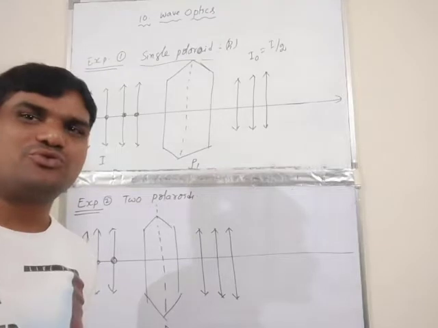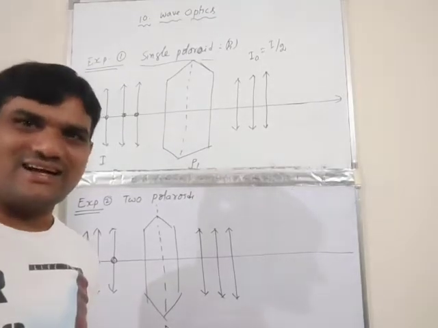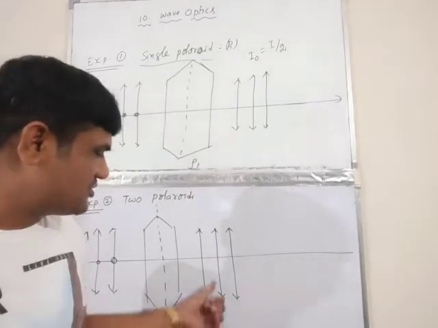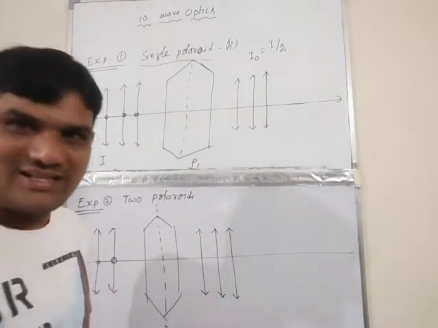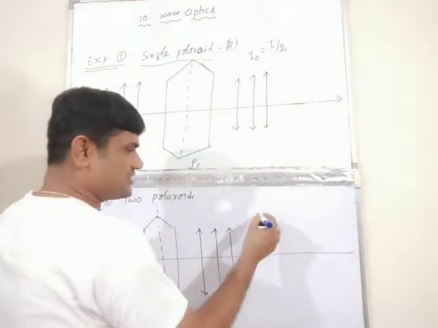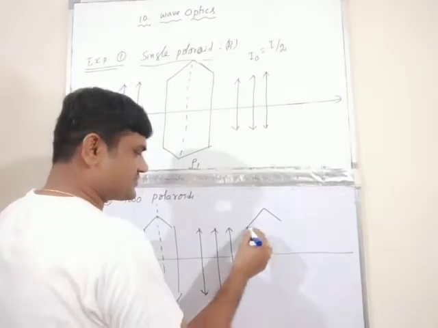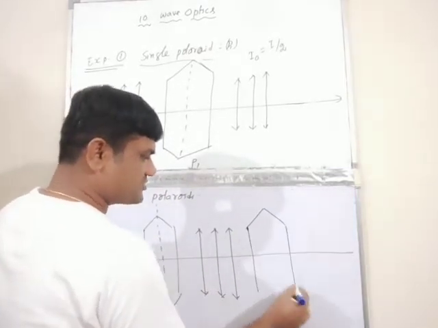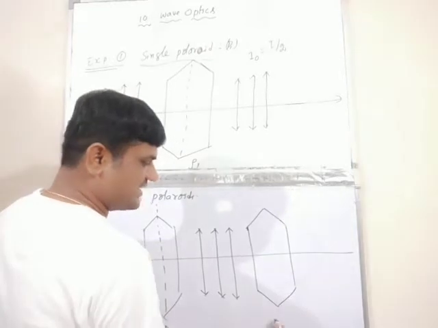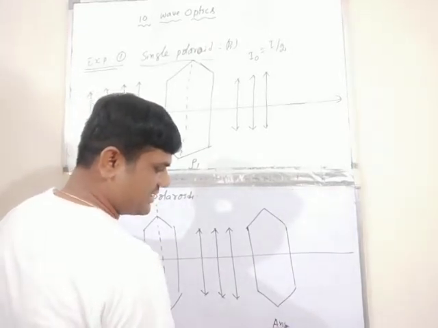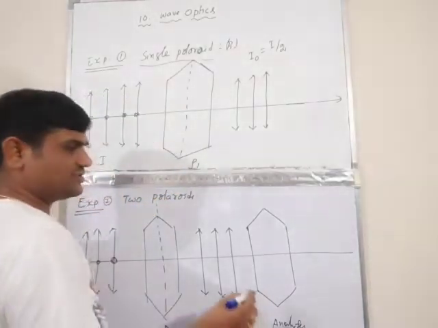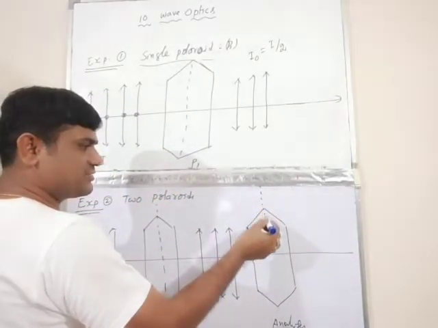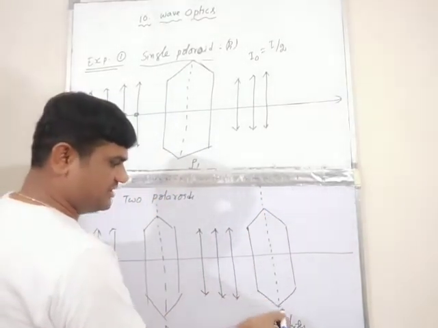That means we want to analyze whether the light is unpolarized or polarized. For that purpose we use another Polaroid, which we call the analyzer. This one also has, for example, a pass axis in this direction.